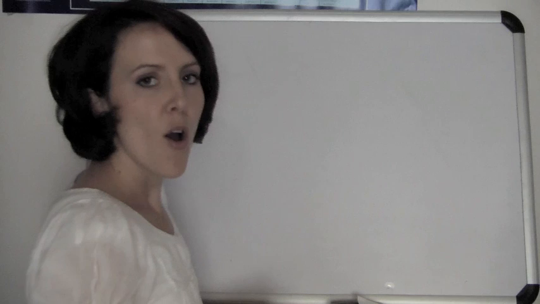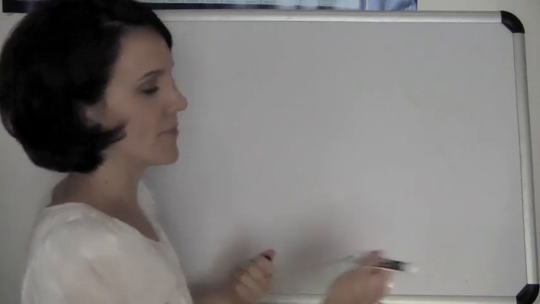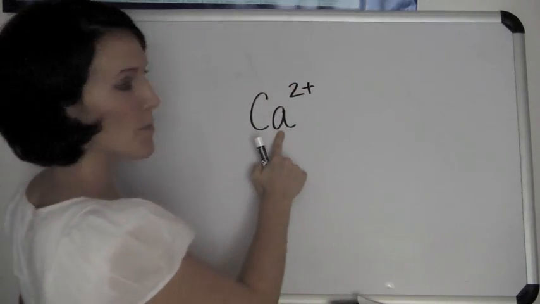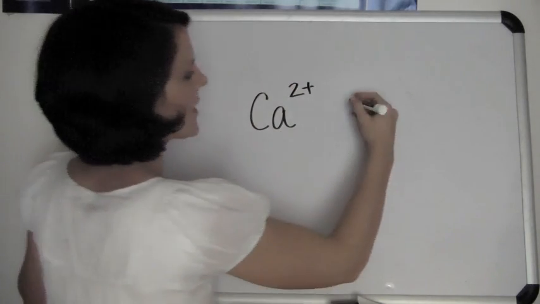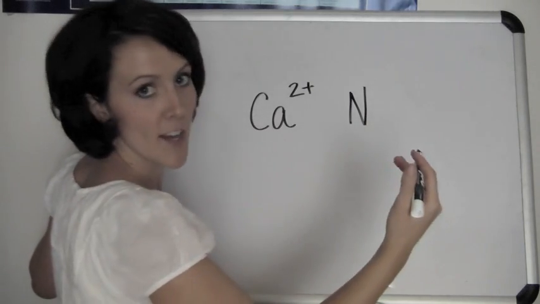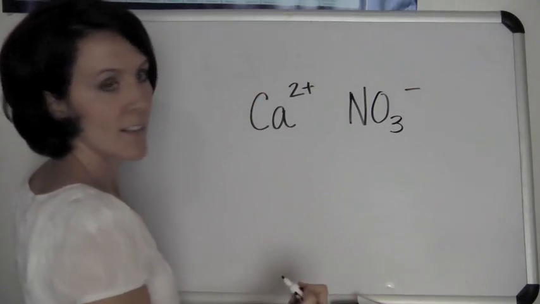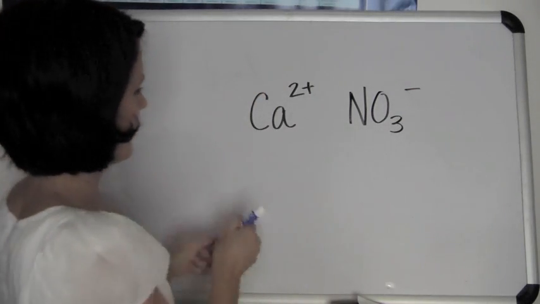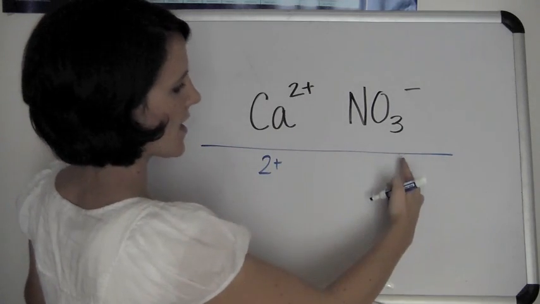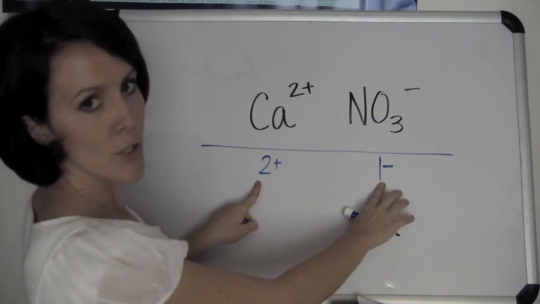Here's another example. What is the formula for a calcium ion and a nitrate ion? Calcium I can find on the periodic table. That's a +2 charge. What about the nitrate? Nitrate is a polyatomic ion, so look on page 95. That is NO3 -1. I compare my charges. I have a +2 here, and I have a -1 here. What is the least common multiple?